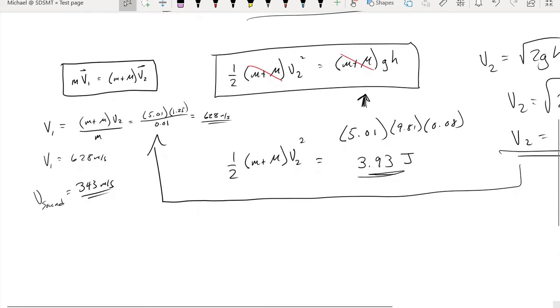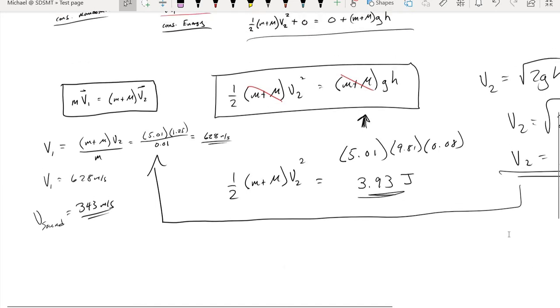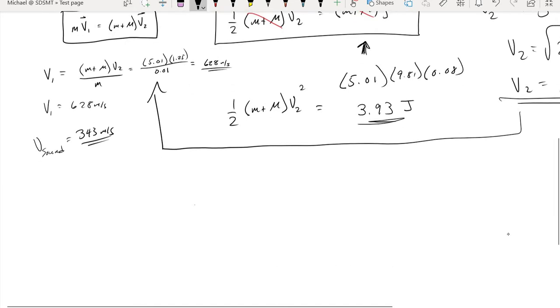But if you wanted to change the velocity of the bullet, maybe you want to slow it down, maybe you want to speed it up, well, what could you do? There are a couple of different things that you can do. Let me see if I can do an accurate representation of a bullet here.